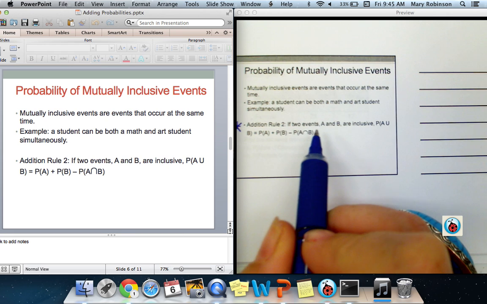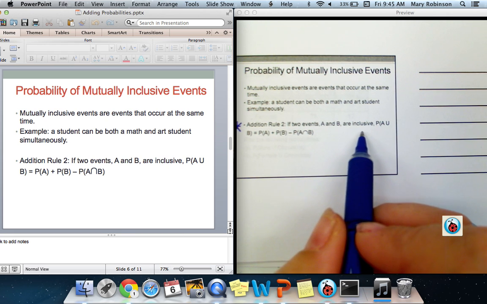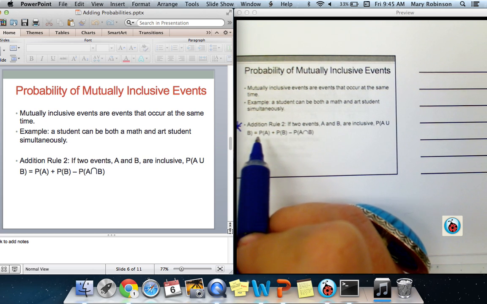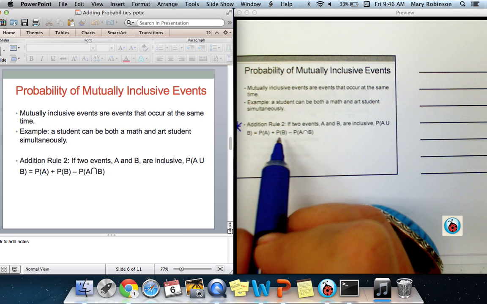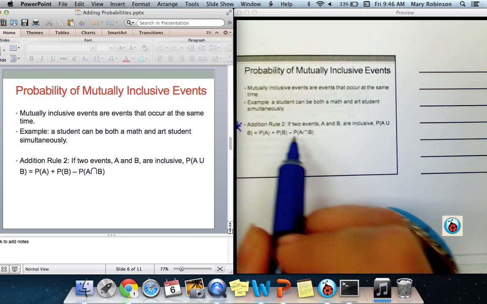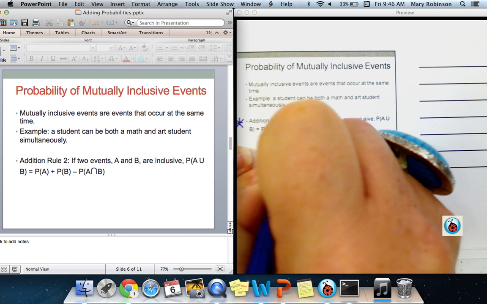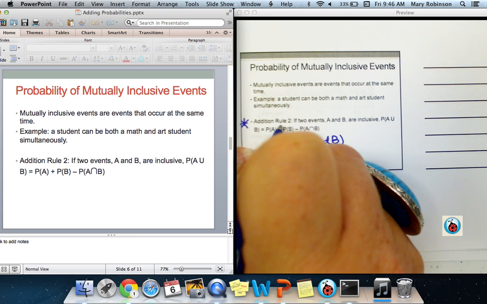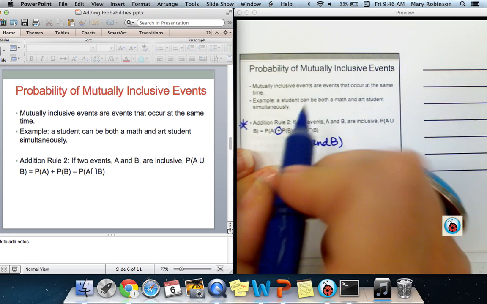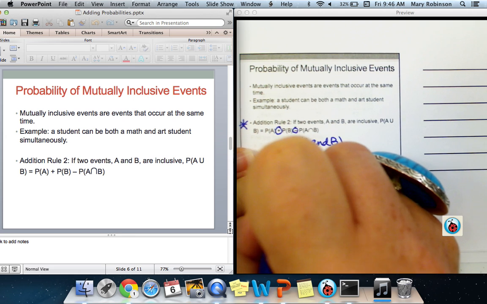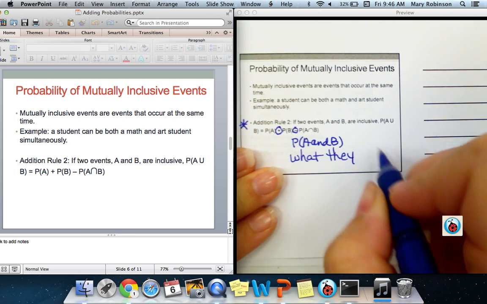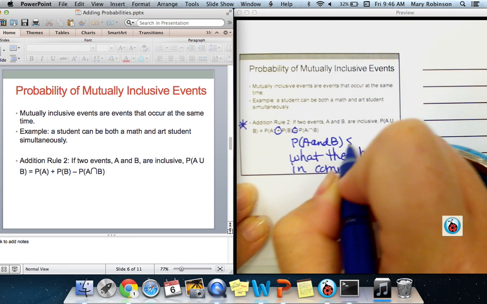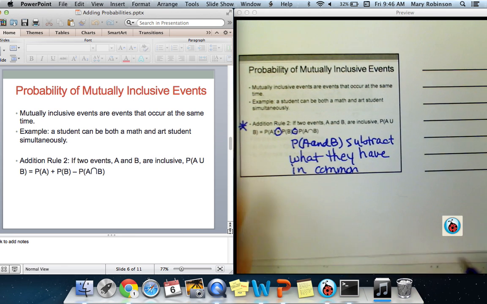If we have two events, A and B, and they are inclusive, then the probability of A union B is equal to the probability of A plus the probability of B minus the probability of A and B. So notice we're going to add just like we did prior, but we have to subtract what they have in common.